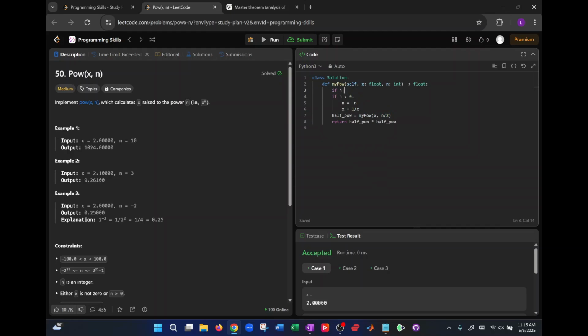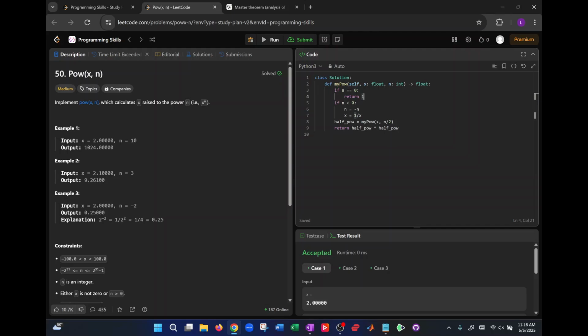If n is 0, then we just return 1, because if we're doing recursion, we need to give it some condition to halt. We're going to halt when the exponent n gets down to 0, because anything that's not 0 to the power of 0 is 1. So we're good.